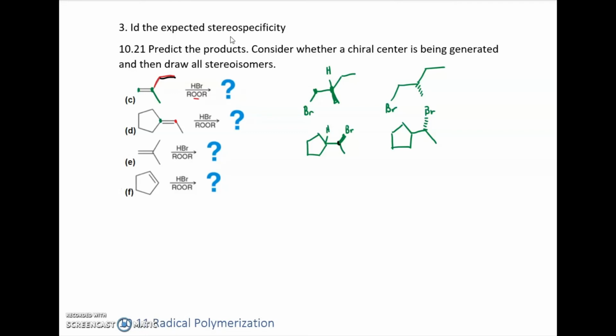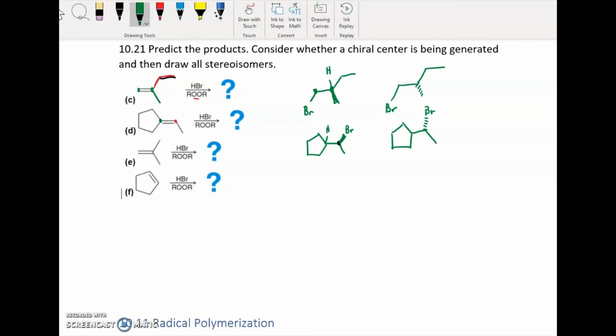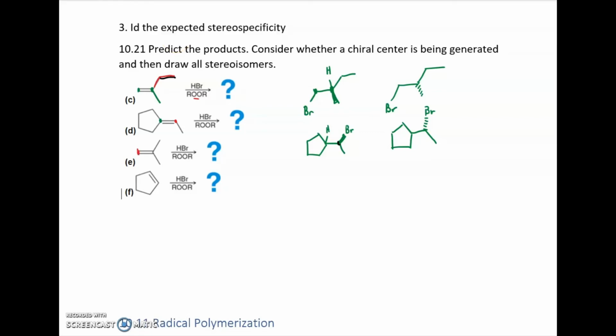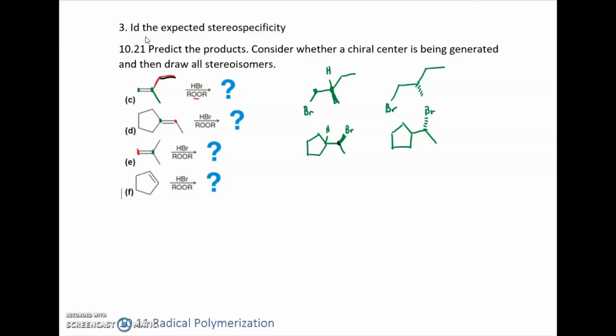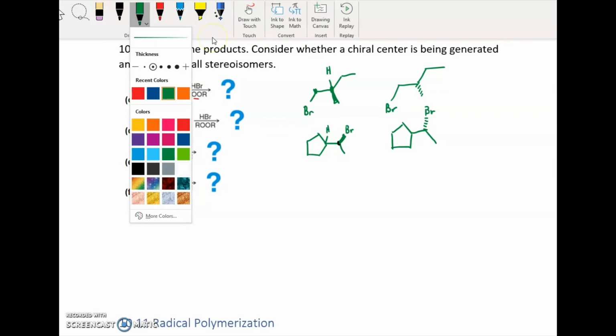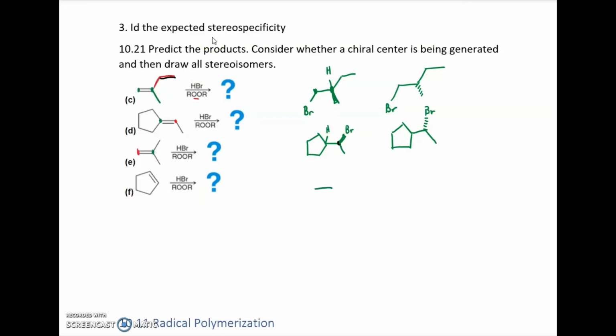Okay. So let's do this next one. We've got a less substituted position and a more substituted position. We're going to add the bromine to the less substituted position. So we are going to go back to the green. We've got this, and then two arms that stick up and down, and the bromine is going to be added to the less substituted position, and up here we've added a hydrogen.